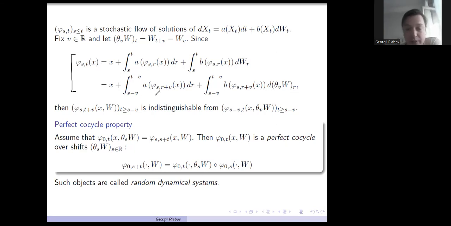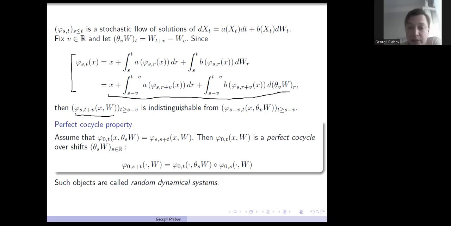Looking at the second expression, where we have the stochastic integral with respect to the shifted Brownian motion, and knowing the uniqueness of a solution to the stochastic differential equation, we can deduce that the process phi_{s,t+v}(x) when t is greater than s minus v is a solution to this stochastic differential equation.